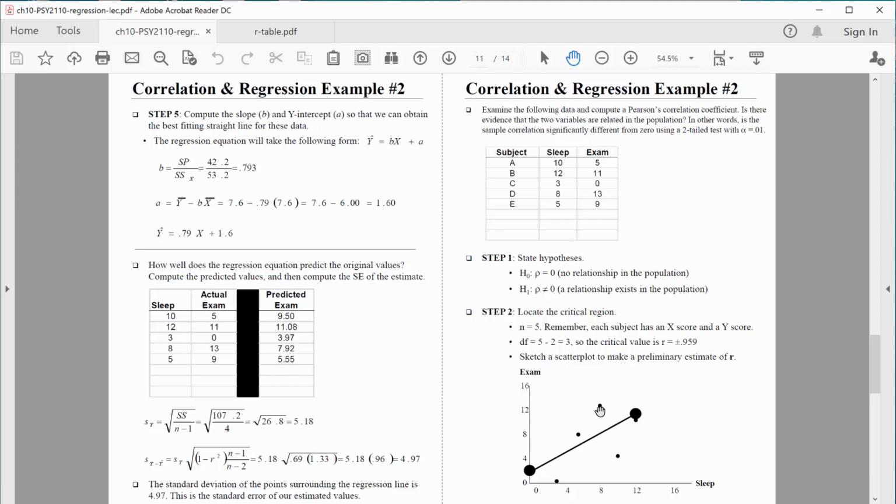Of course, smaller numbers would represent the predicted values doing a better job of coming closer to the actual values. So as I've said before, the standard error of the estimate is a measurement that kind of tells us about the health of our regression equation. It tells us how well, on average, we are predicting values.